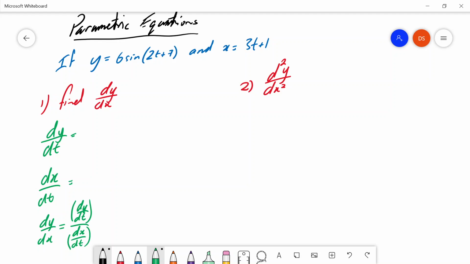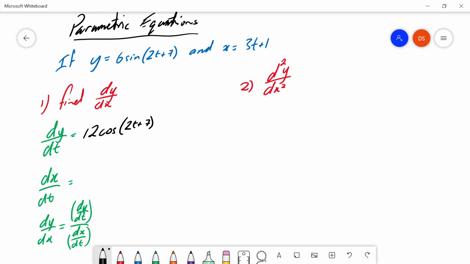Now let's see if we can make something make sense here. Let's go. So, what is dy by dt? The derivative of sine is cosine, so we have 6 cosine (2t plus 7) times 2, so that is 12 cosine (2t plus 7).